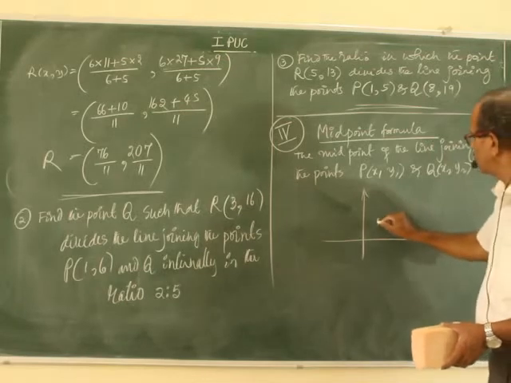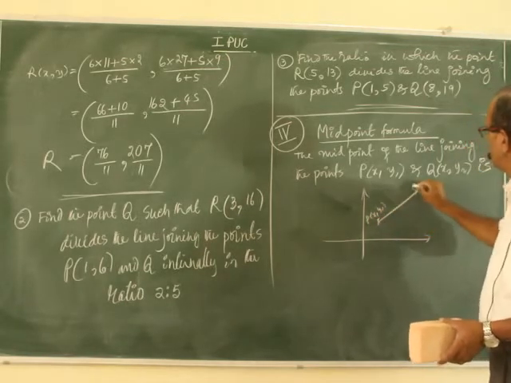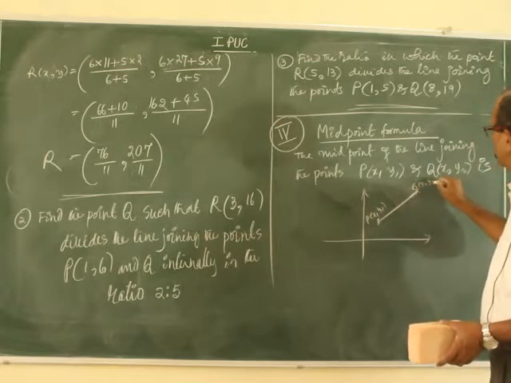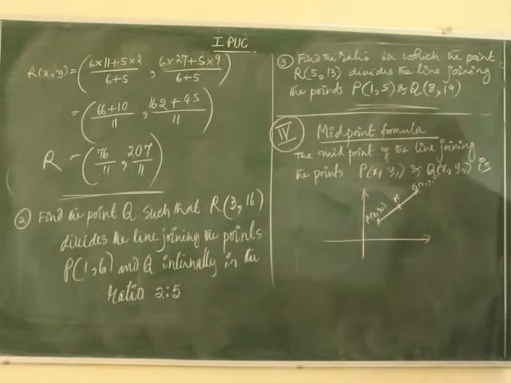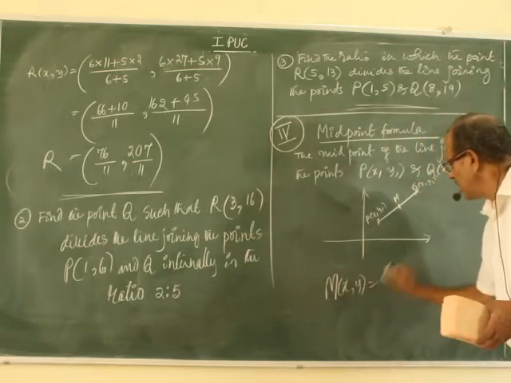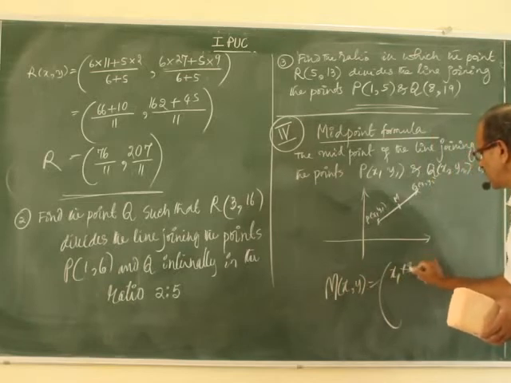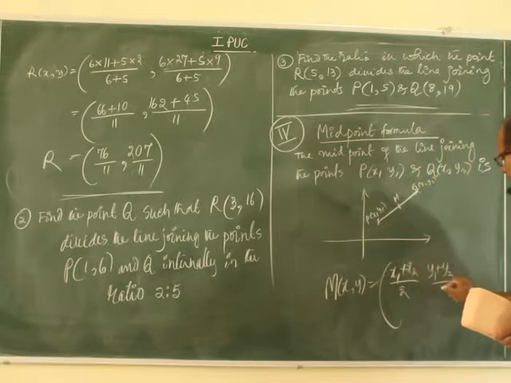Let me draw here also. P(x1, y1), Q(x2, y2). Midpoint is M. Formula is M(x, y) equal to x1 plus x2 by 2, y1 plus y2 by 2.